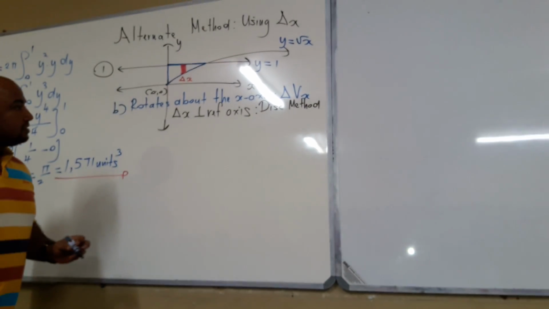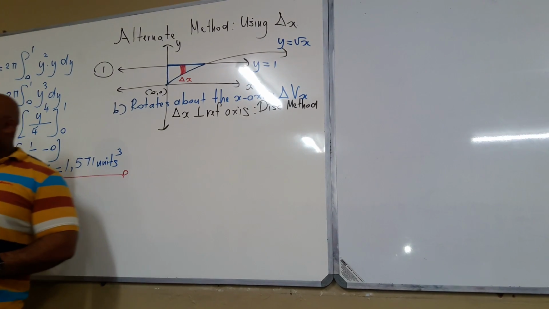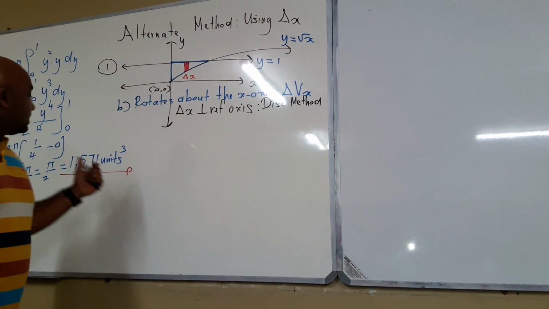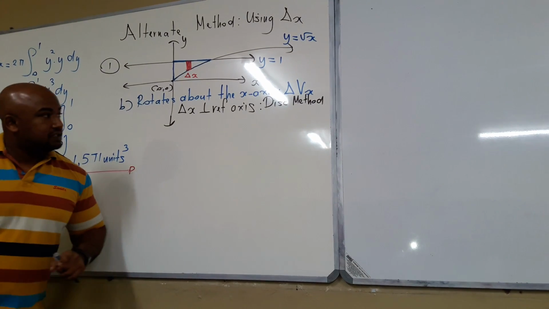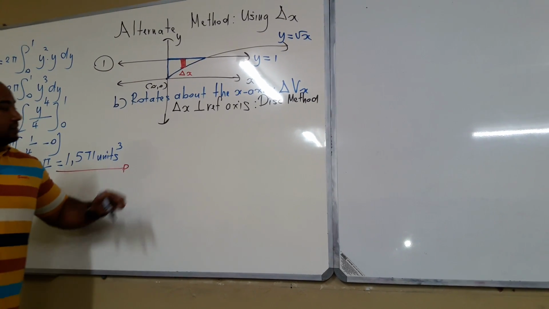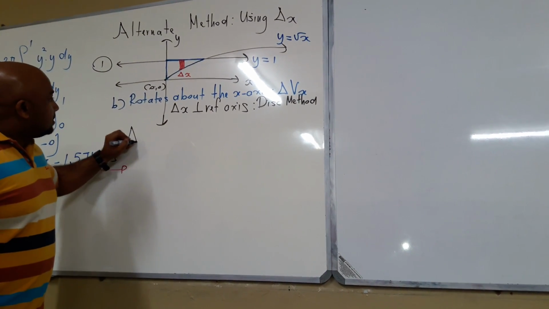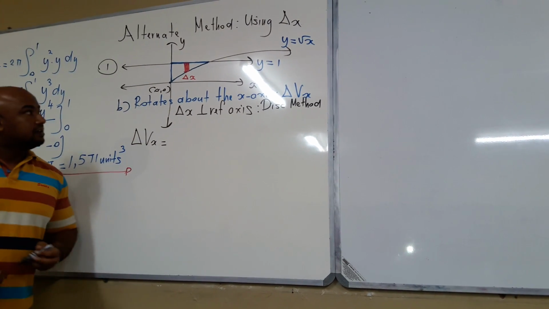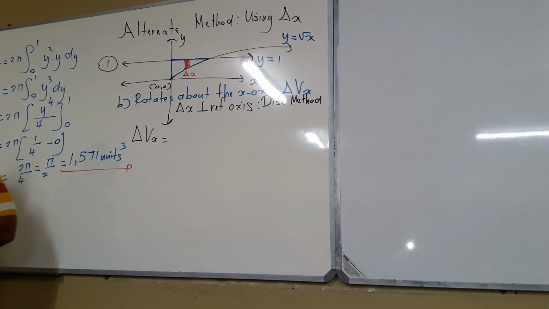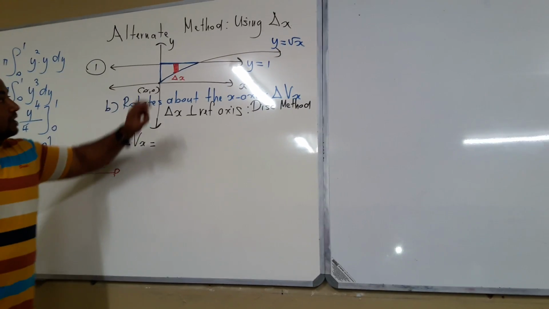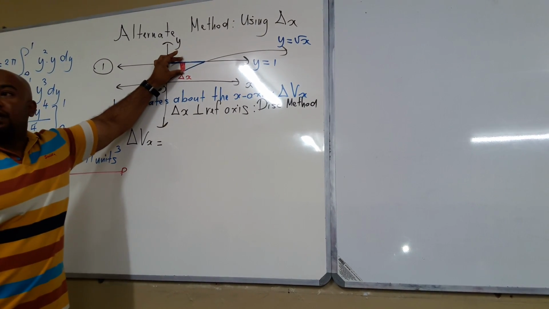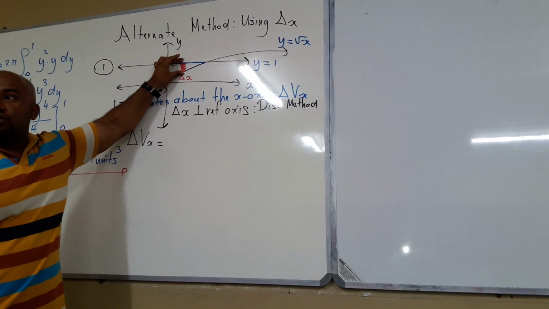Now, we have already used the disk method for this question, but when we rotated about the y-axis. Now, with the disk method, delta x lies in between these two.